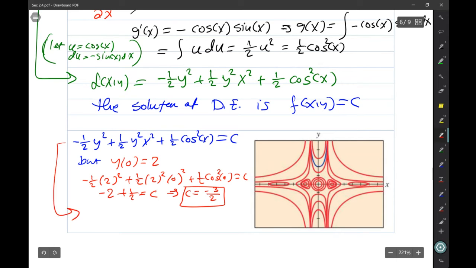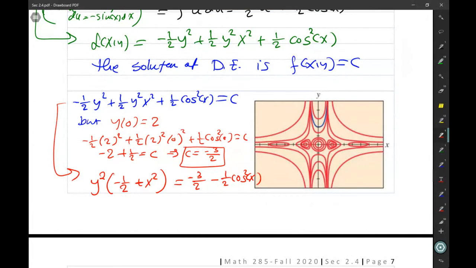Substitute it back here again. We get y square times minus half plus x square is equal to minus 3 by 2 minus half cosine square x.